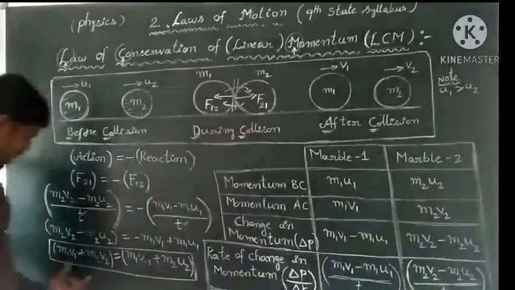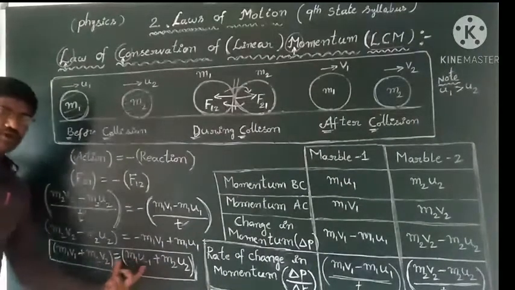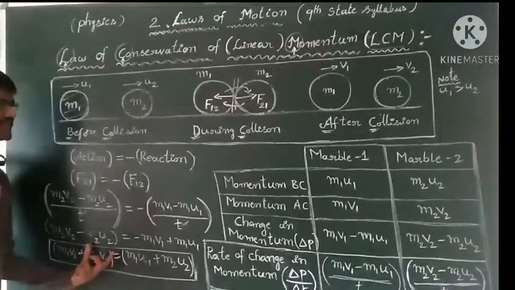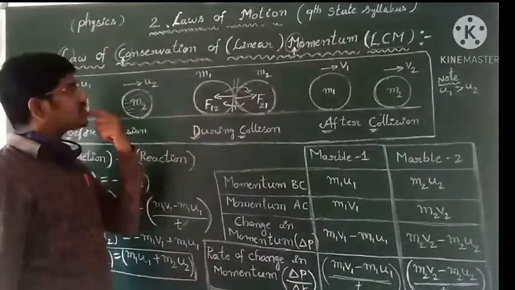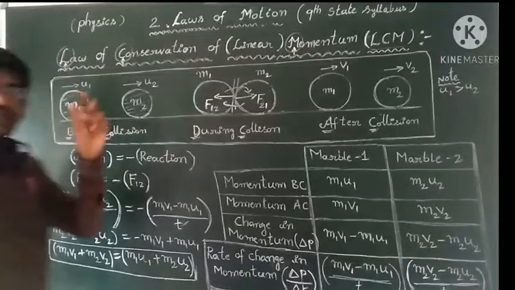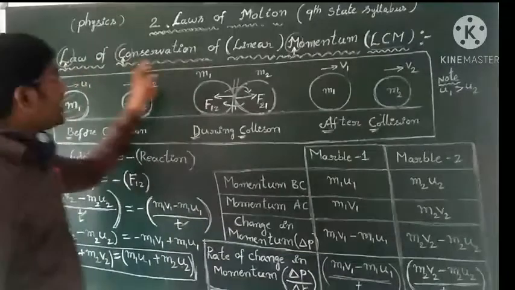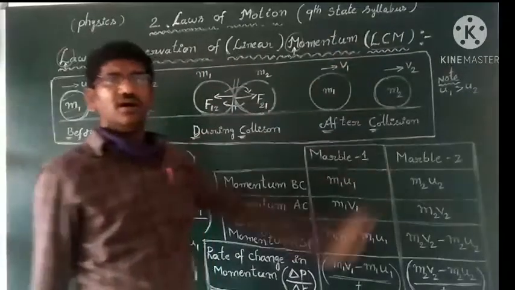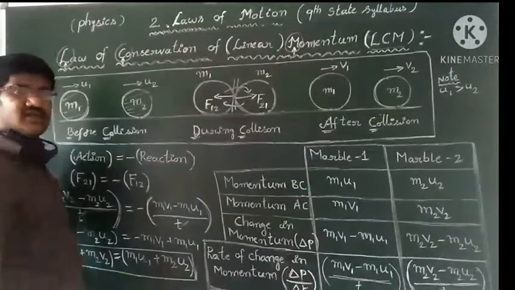The total momentum after the collision and before the collision are equal, which means it is not changing. It is not changing, so total momentum is constant. If anything is constant, we use the word conserved. So that is called the law of conservation of linear momentum. The total momentum remains conserved in this system.